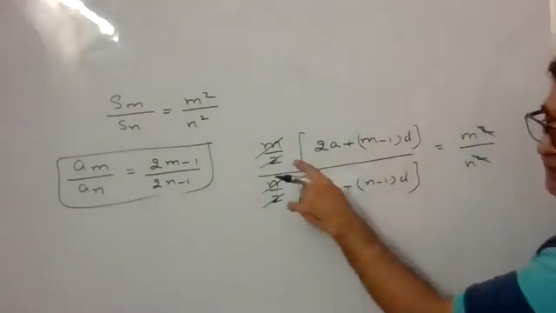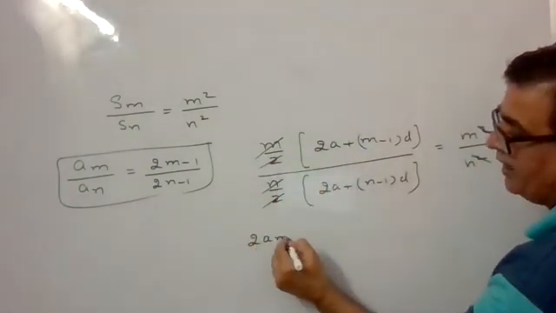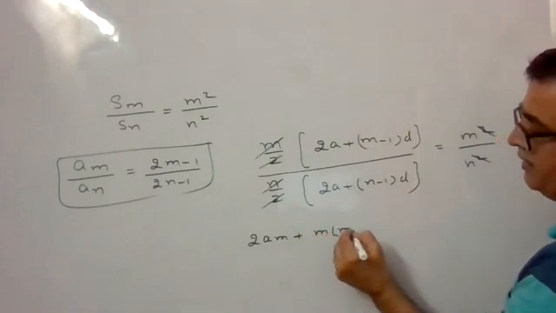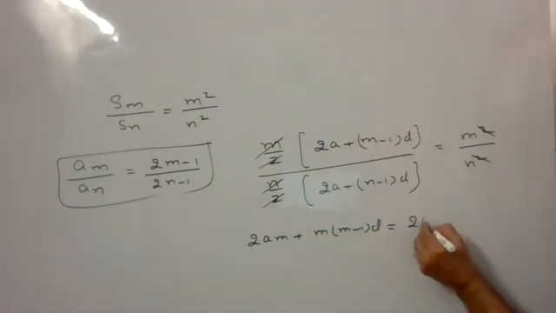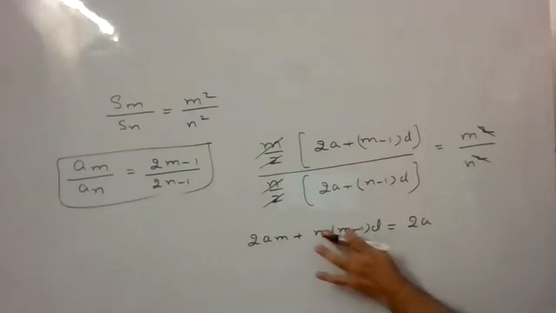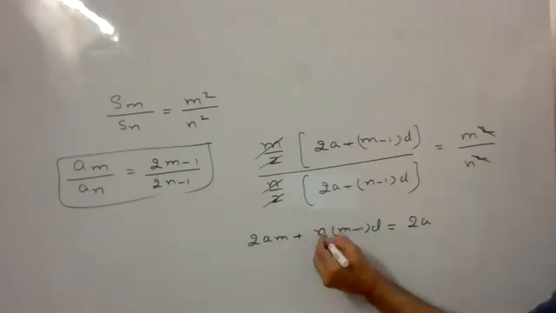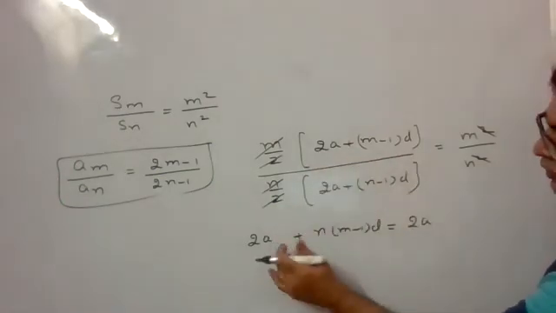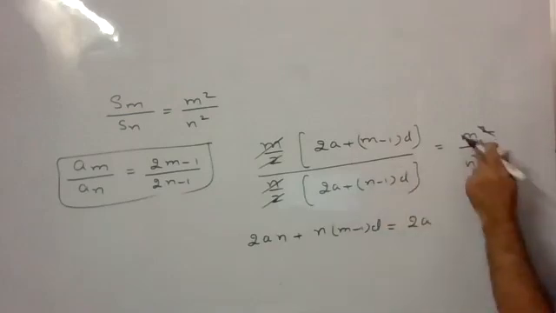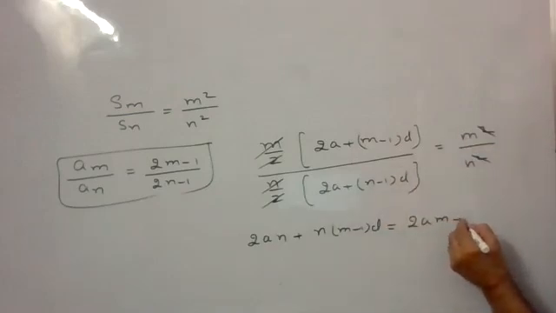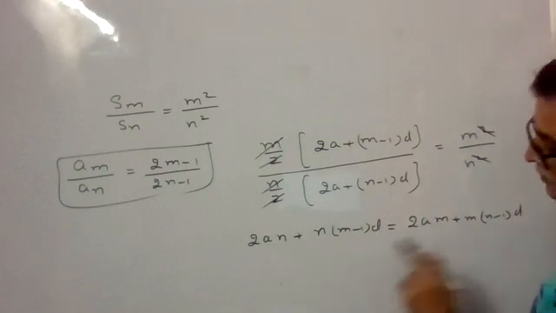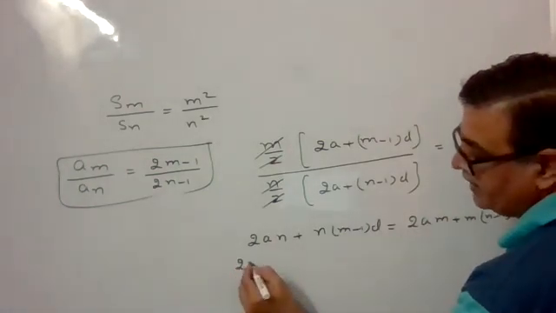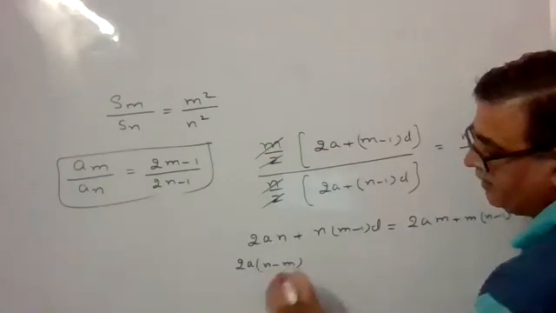This n now multiplies this side, so I got 2am plus m times (m minus 1)d. And here it will come 2a, sorry, it is n. N will multiply, so 2an. And this side m multiplies, so 2am plus m times (n minus 1) into d. Now I'll take 2a terms on one side, so 2a(n minus m).